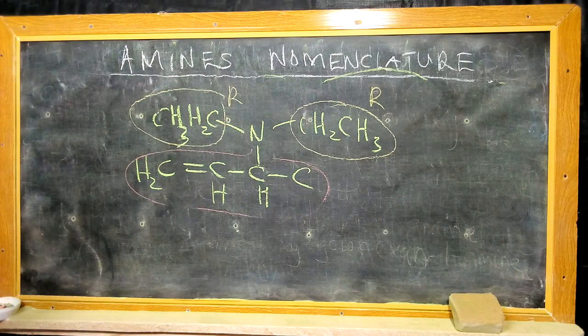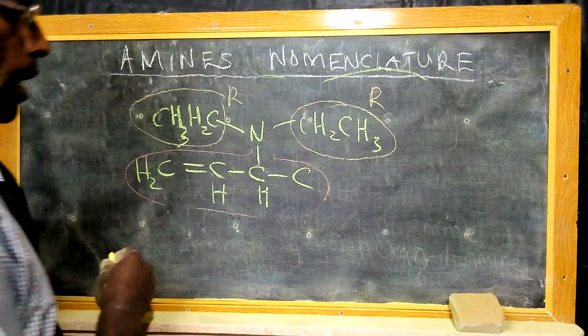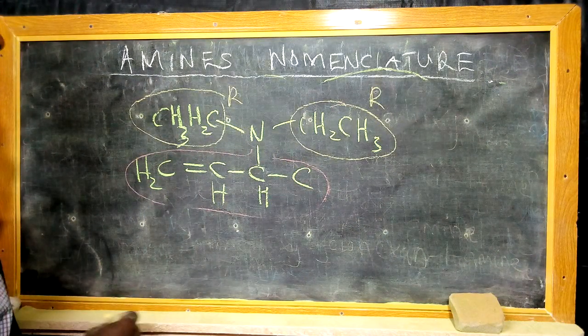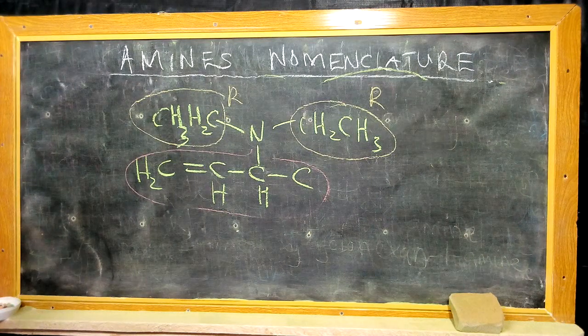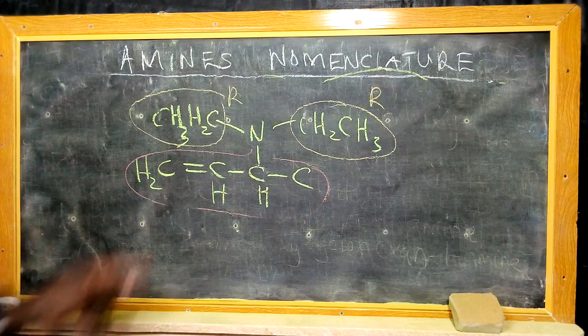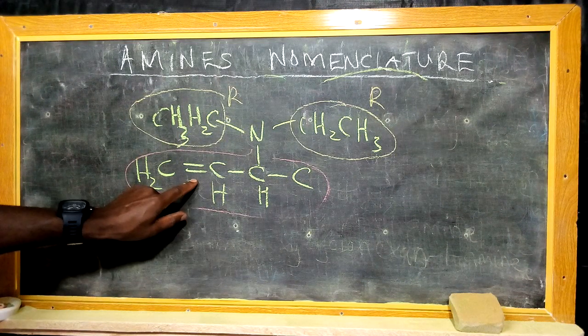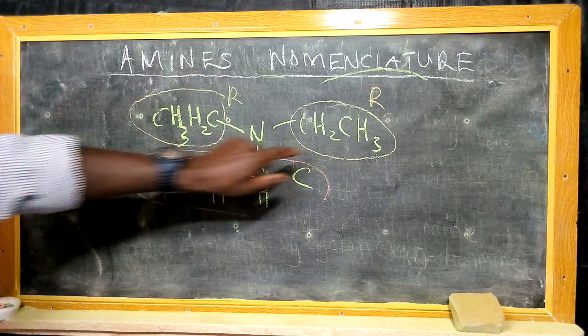So in naming this, as we have chosen the parent, the part of the molecule that is the parent name, the rest are treated as substituents. So the parent name, we have identified it as a butene, since it has a double bond, and then these ones are known as ethyl groups.